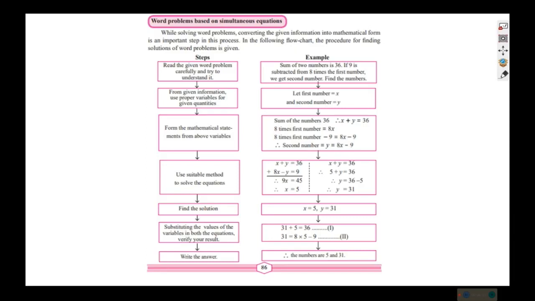You have to read the word problem, then use the given information, put some proper variable to it, make a mathematical statement, and use the proper method, elimination or substitution method, to find the solution. And you will really enjoy this when you get the question and the answer, because the question will be really interesting, something like what you already did regarding the age of mother and age of son. Beautiful questions can be created in simultaneous equations.